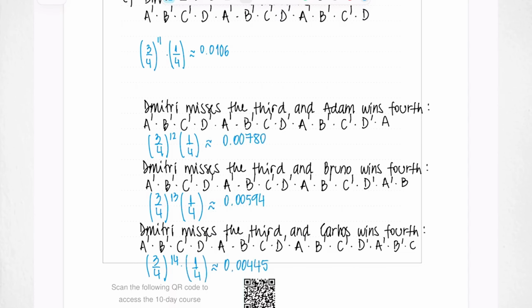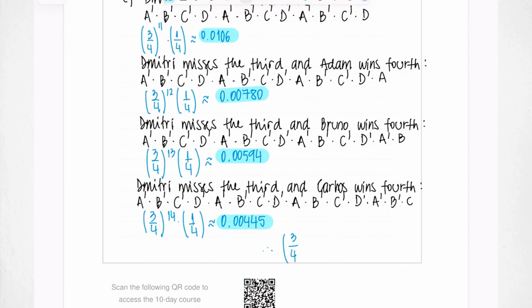And if you add all of them, you get 3 over 4 to the power of 11 times 175 over 256, which is approximately 0.0289. And that's it. Kind of a long exercise.